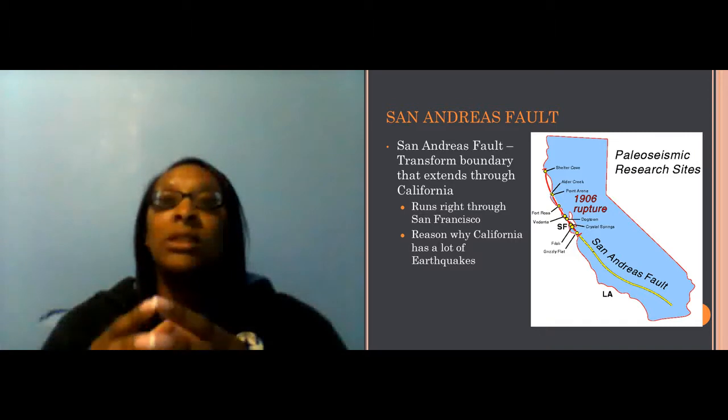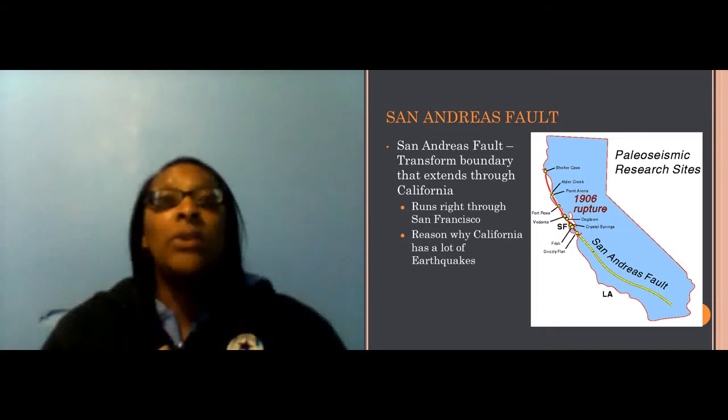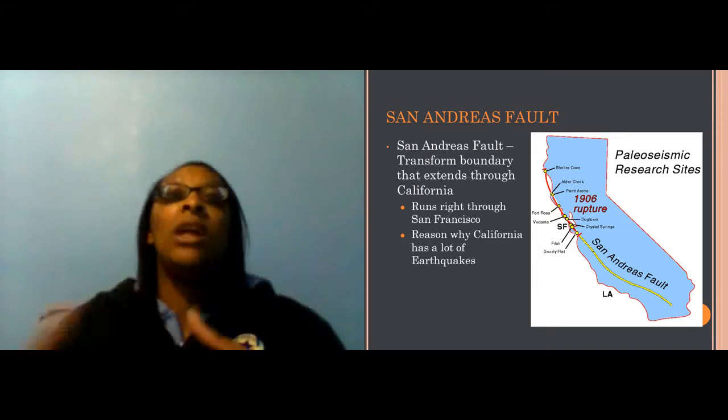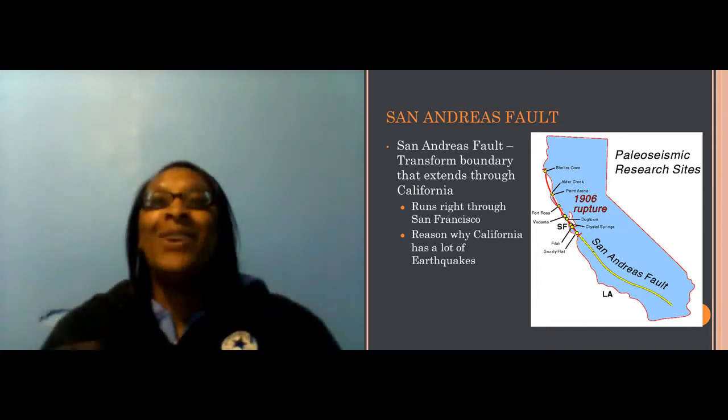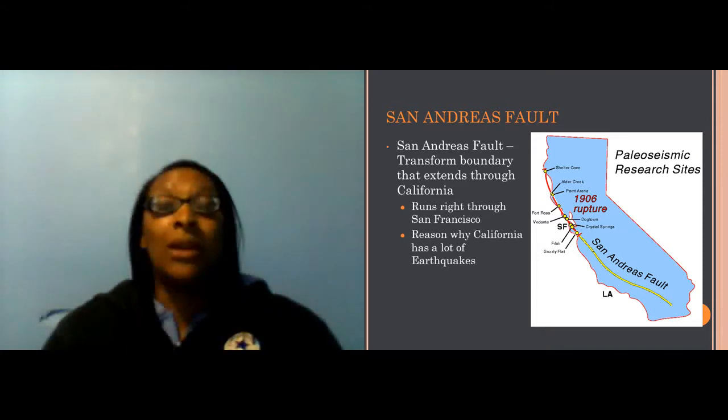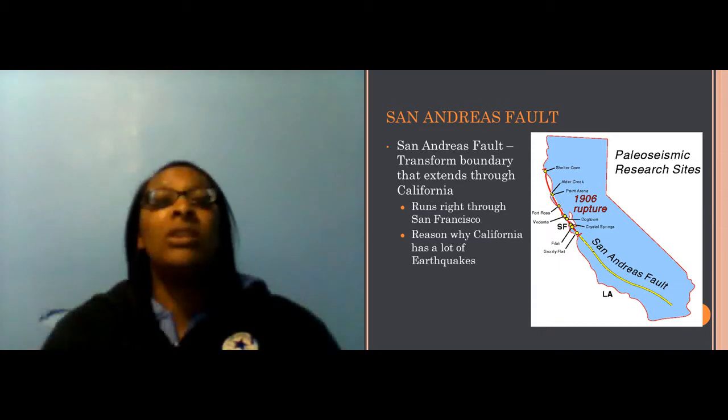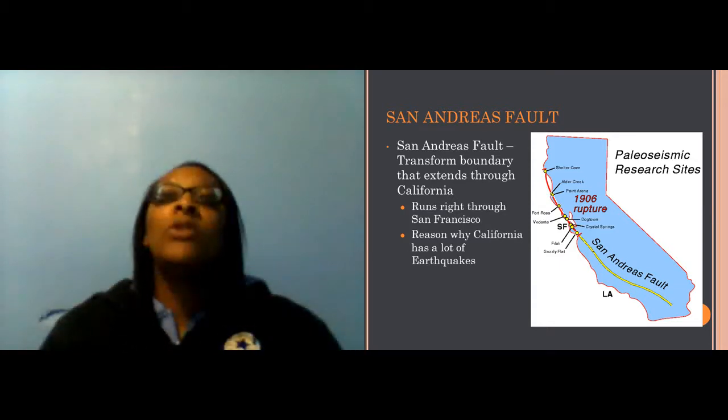And this is one of the reasons it has the most earthquakes of any other state, because it runs right through. Now remember, California is in that Pacific Ring of Fire where you have a lot of the volcanoes and the earthquakes. But again, the transform boundary does not create landforms such as volcanoes.